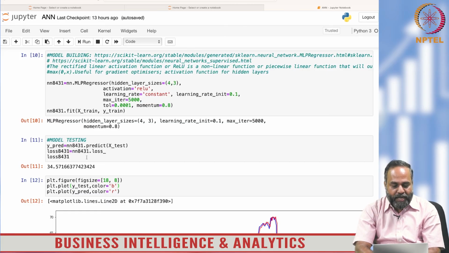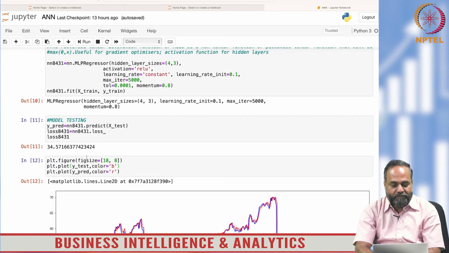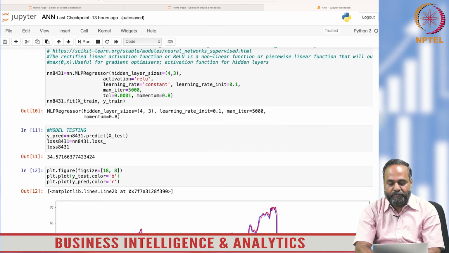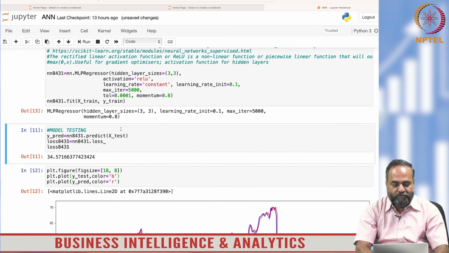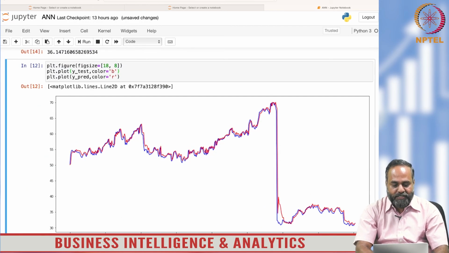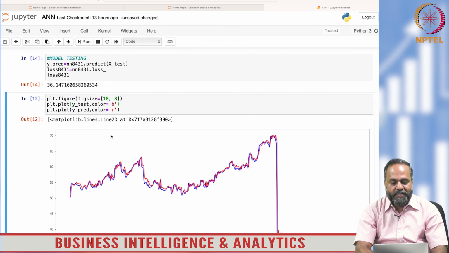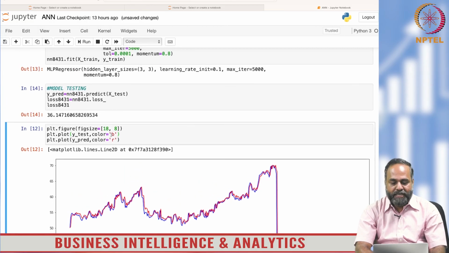I am looking at my prediction error, which is 34.57. Let me see. Instead of using 4.3, let me use 3.3 and see if the model performance changes. It is 36.147. So it is not improving, it is actually getting slightly worse.